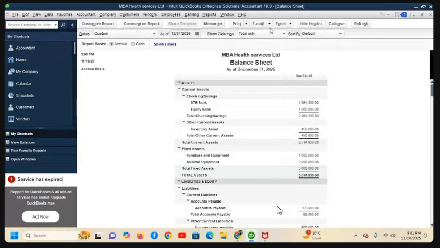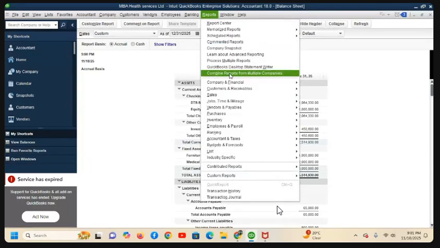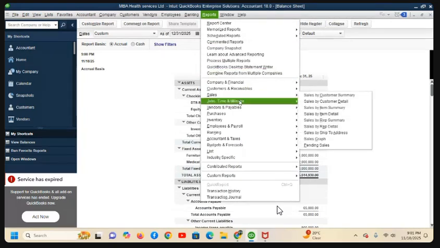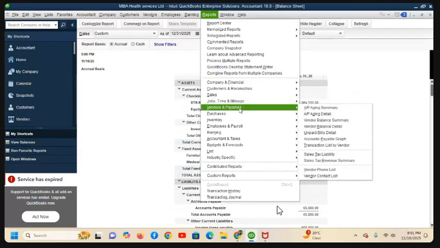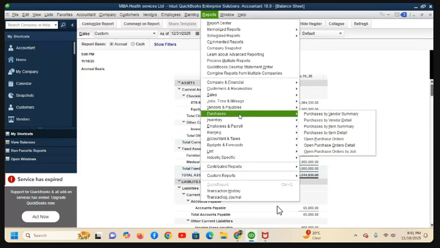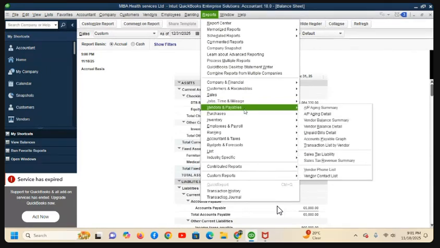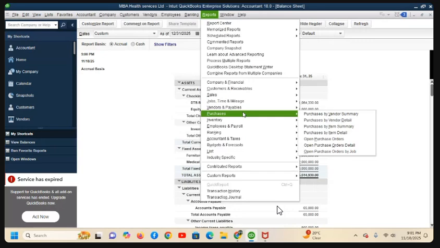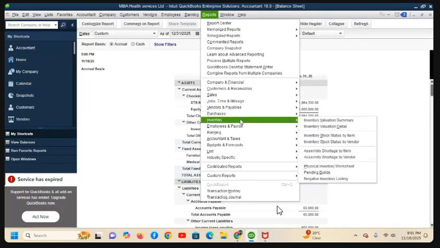Now you can also generate what we call other reports. There are several reports you can generate for management. You can do the graph. You can do vendor aging analysis. You have aging of payables and receivables, accounts payable aging analysis. You can do inventory purchases. You can assess inventory by vendor.